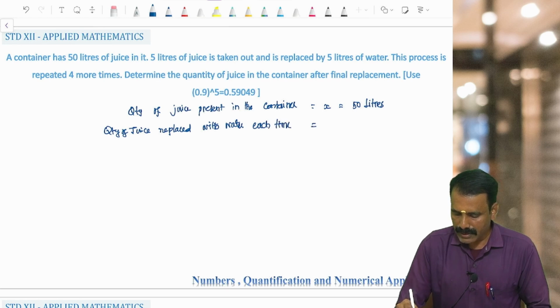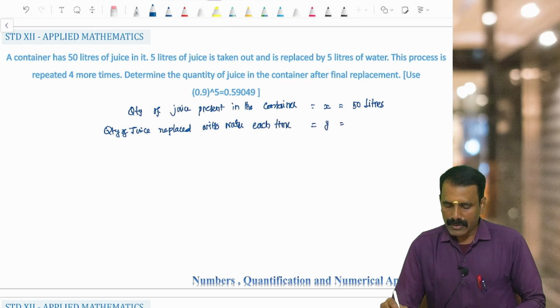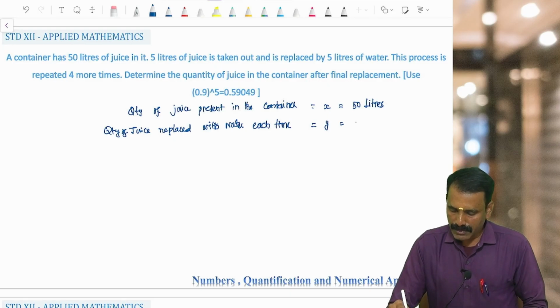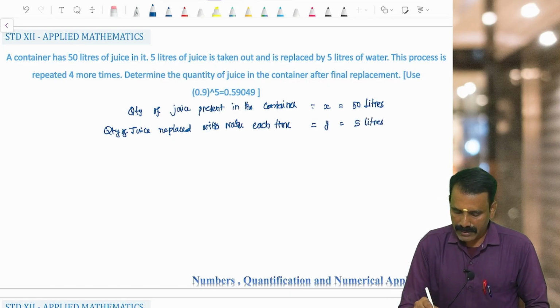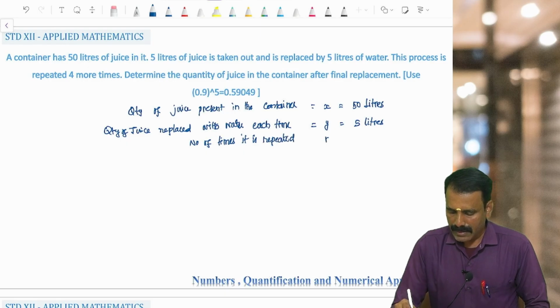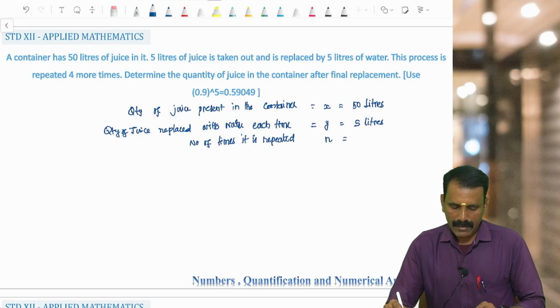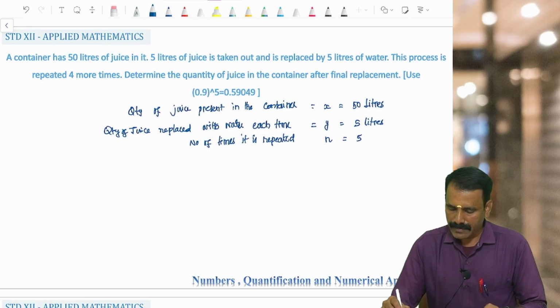So each time we are going to replace the juice with water, and it is going to be 5 liters. And we perform this number of times it is repeated. N is taken as 4 plus 1, 5 times.